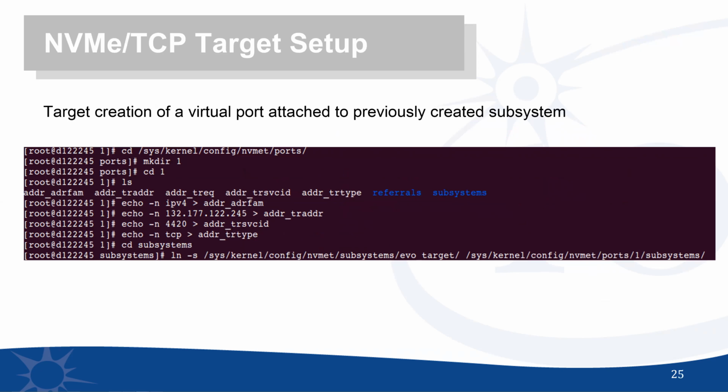And then obviously the type, which is TCP. And then we create a link for that, all within that same subsystem that we created in the last three slides, in order to make sure that the traffic coming in on that 4420 port on this particular IP address gets to the correct NVMe device.